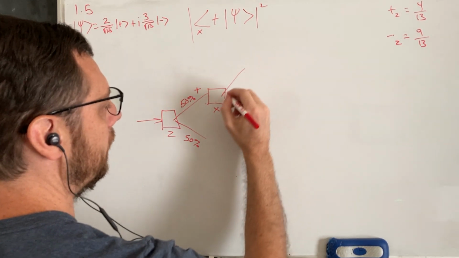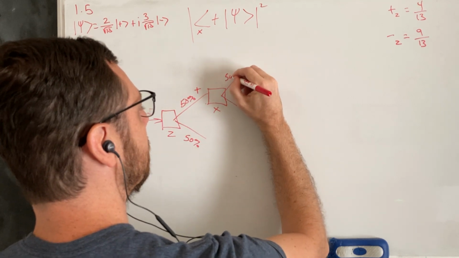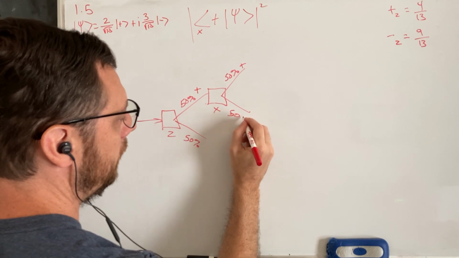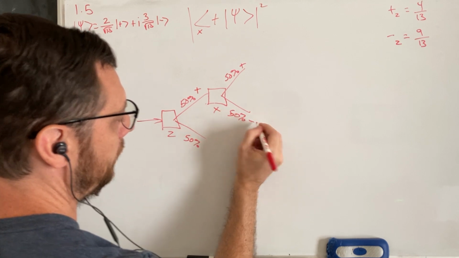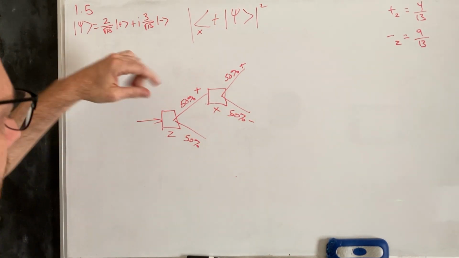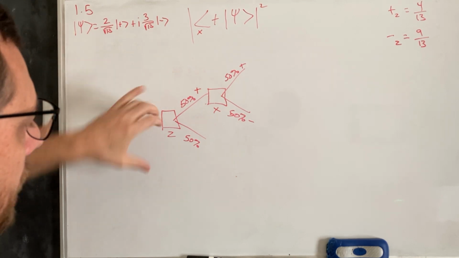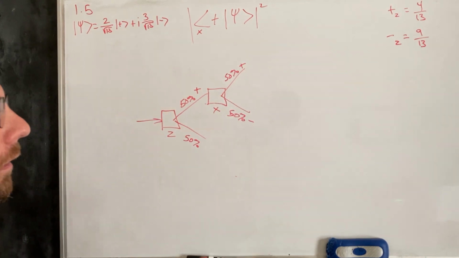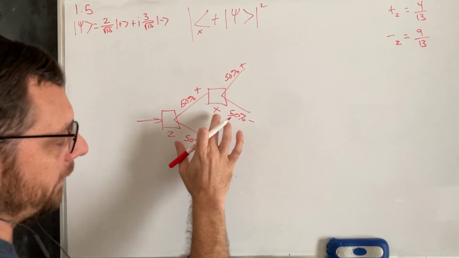And what we see here is that, again, we get 50% upspin and 50% downspin. So if all we're taking in is the upspins from the z direction, we get 50-50, whether we get up or downspin oriented in the x direction.